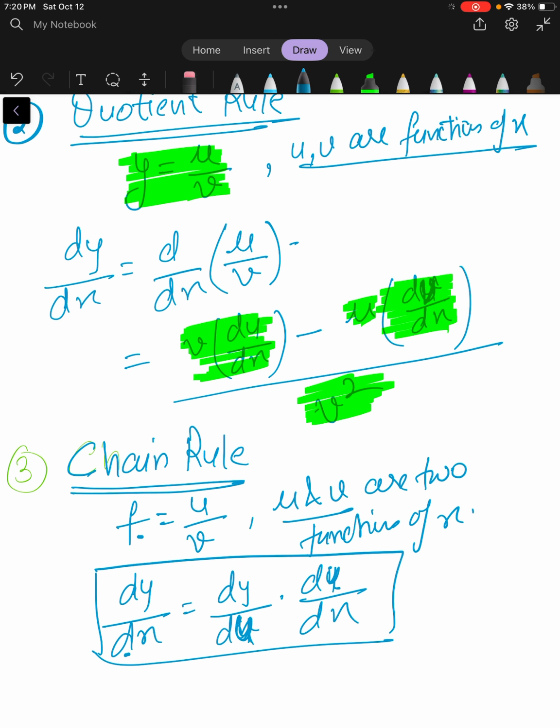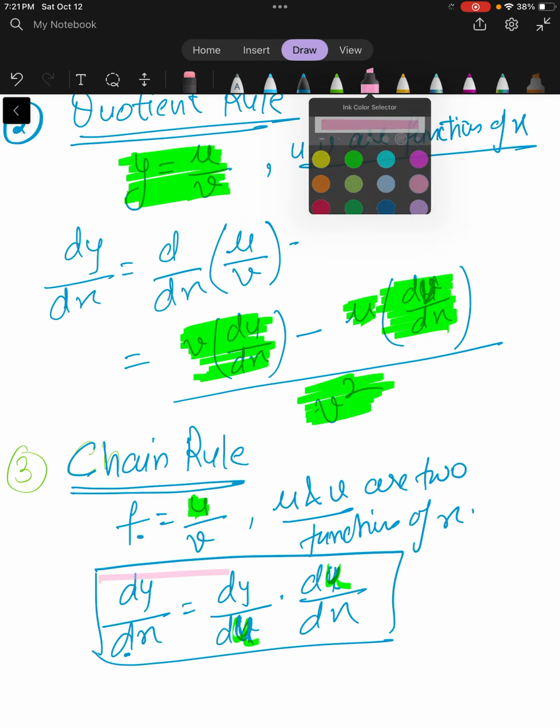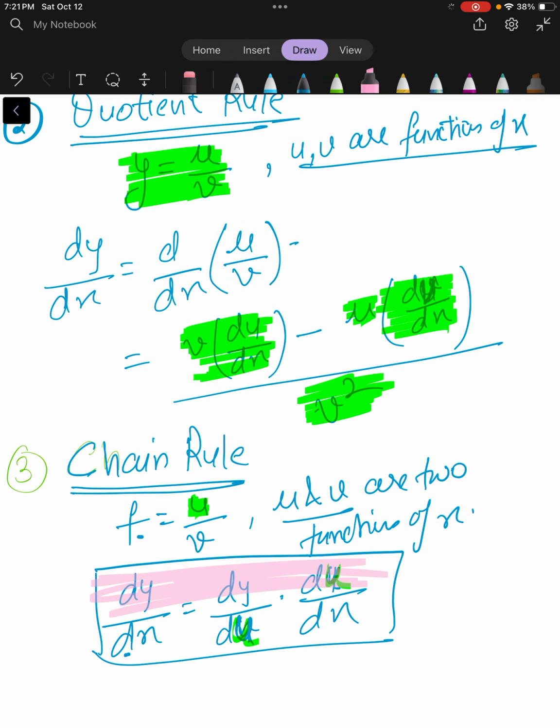So we will get dy upon du. This u comes from here, this u comes from here. So this is the formula for this chain rule. This is the chain rule.